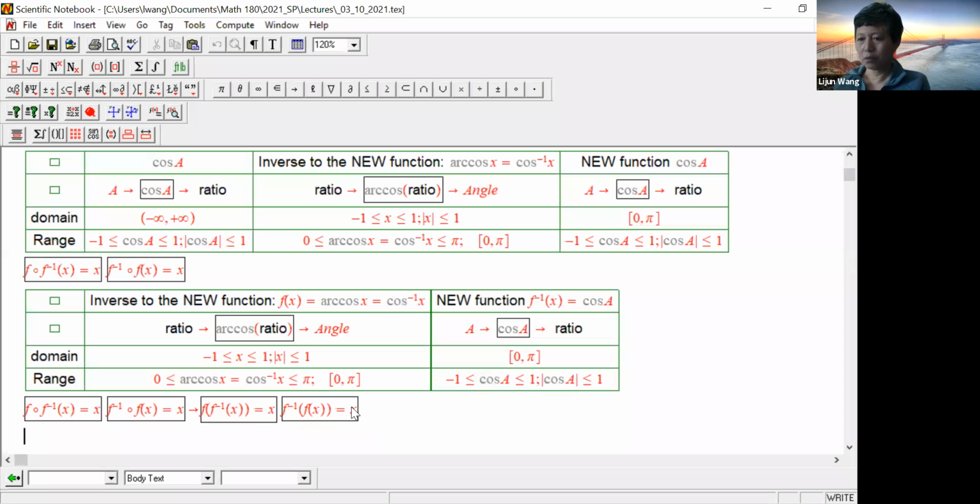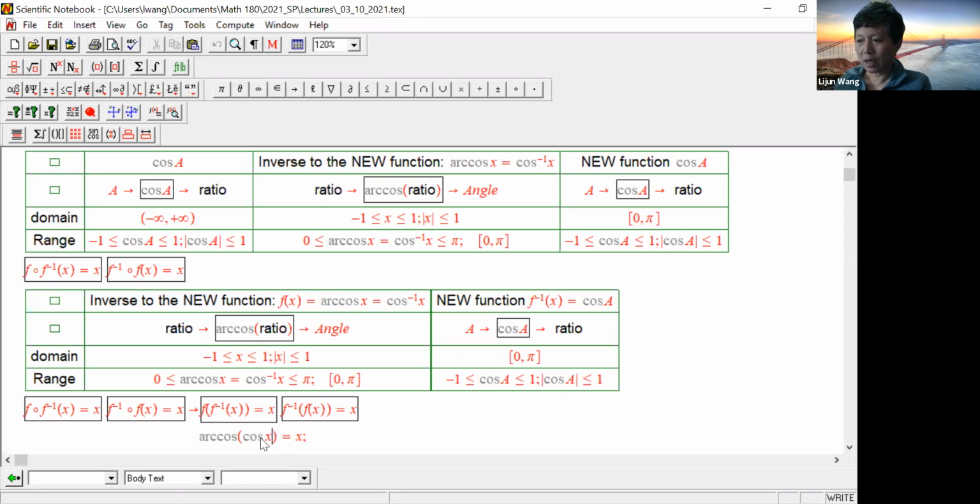Right? So let's see what do we get? We will get F is arc cosine, F inverse is cosine x. So that equals x according to this property.